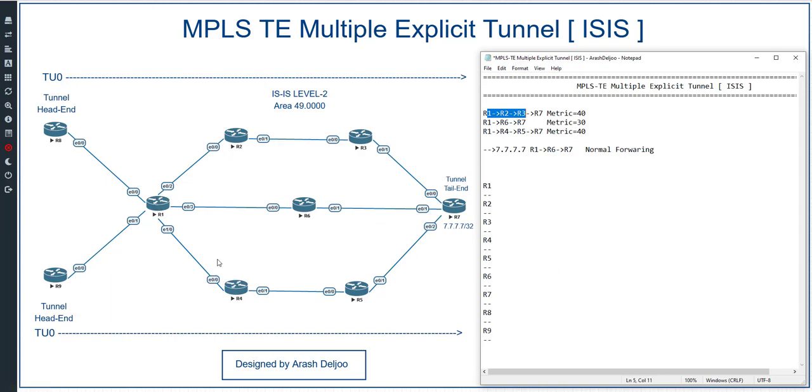This means that both of these paths are idle, and we are wasting the bandwidth that we have. For example, if R8 sends traffic to the destination of router 7, R1 should forward the packet through router 6, and if R9 sends traffic to R7, again R1 should only forward the packet through router 6. This is the normal forwarding.